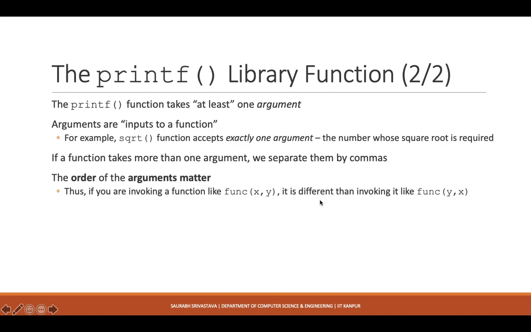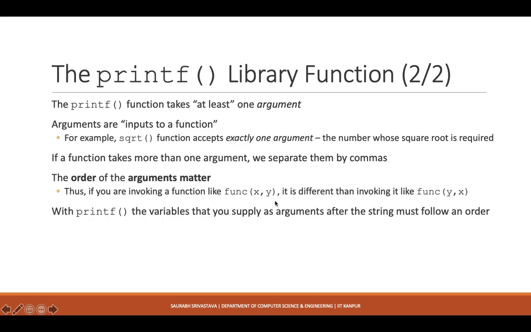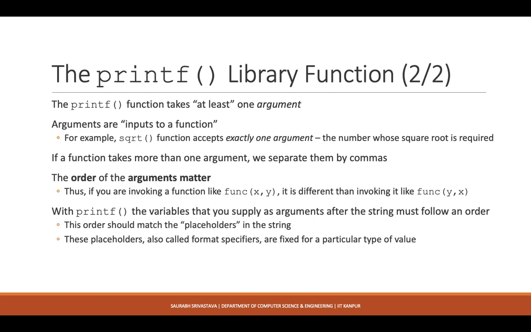Please be careful that this order has to be exactly like this. And this is why, when we are supplying values to printf, the order in which those variables are supplied is important. They must match the order in which the placeholders were shown, like %d and %lf.